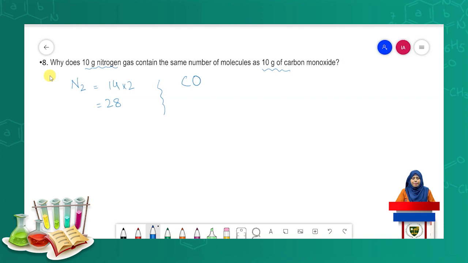So इसका mass would be equal to 12 plus 16. And if we add 12 plus 16, we get our answer 28. So 28 and 28, their molar masses are equal. So if their molar masses are equal, it means that 10 gram of each substance is going to have an equal number of molecules.